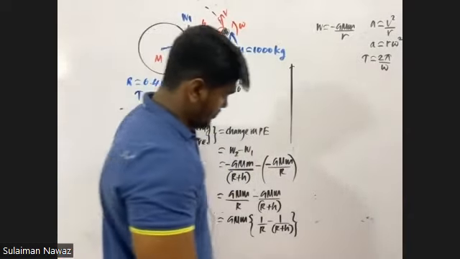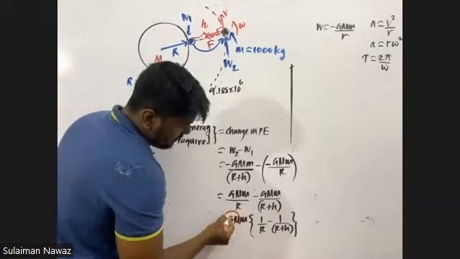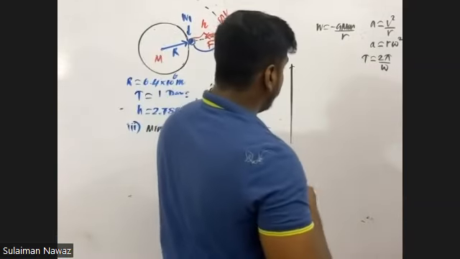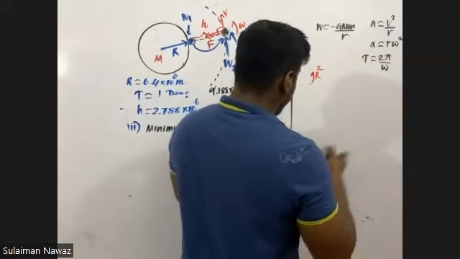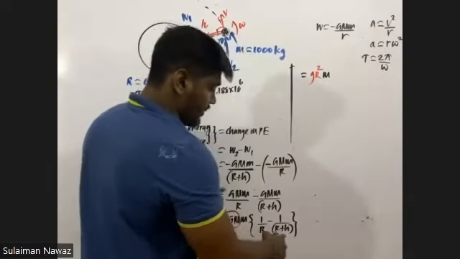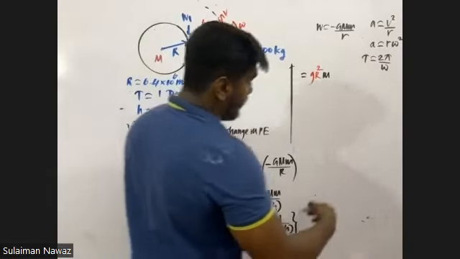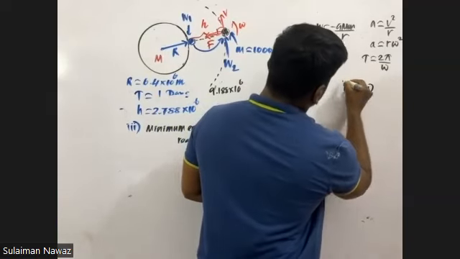Now here GM means gR squared, GM means gR squared, over m. Common denominator R plus h.